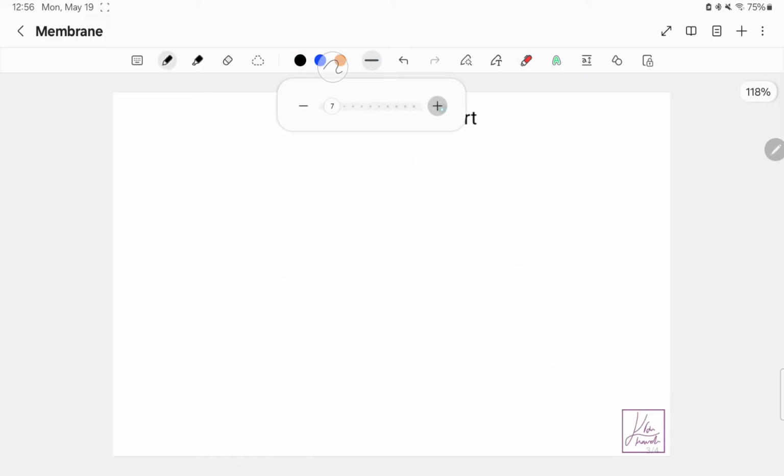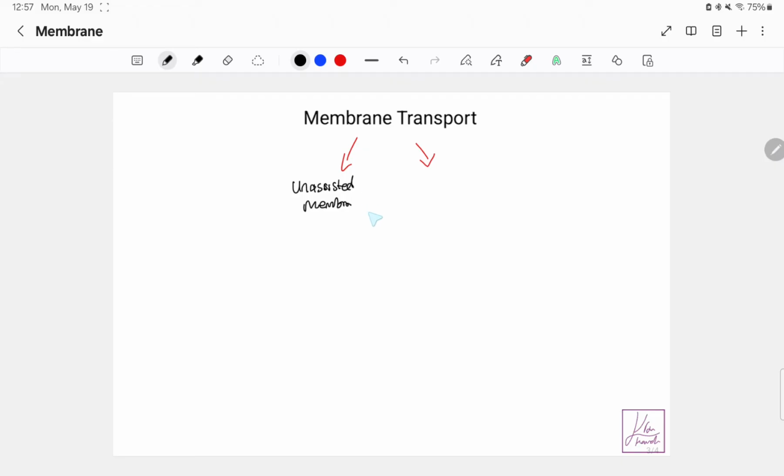You can really categorize it into two different things: unassisted versus assisted. So you can have unassisted membrane transport and assisted membrane transport.